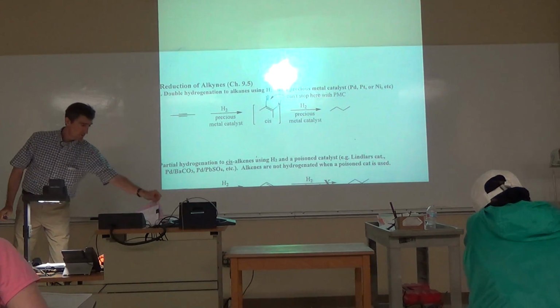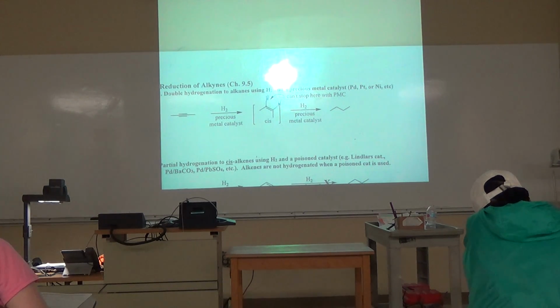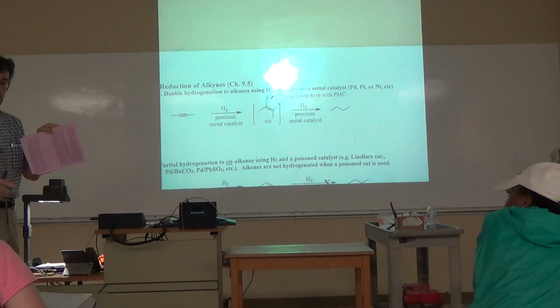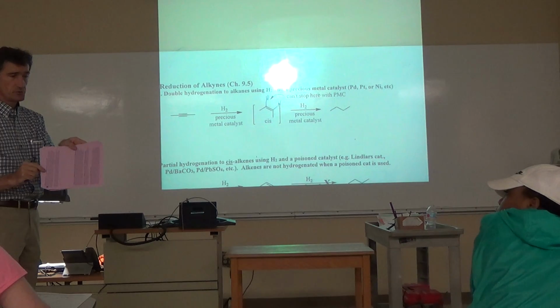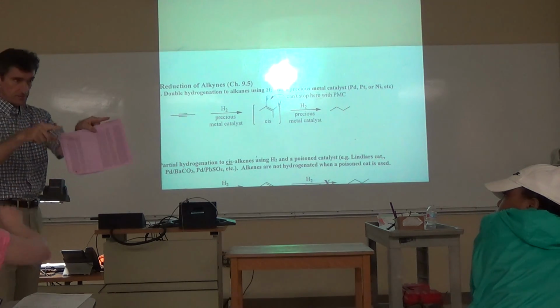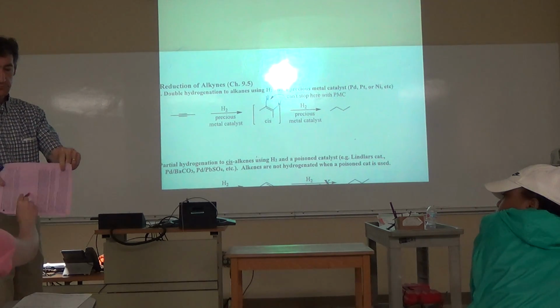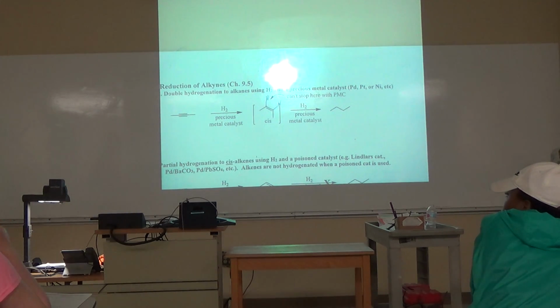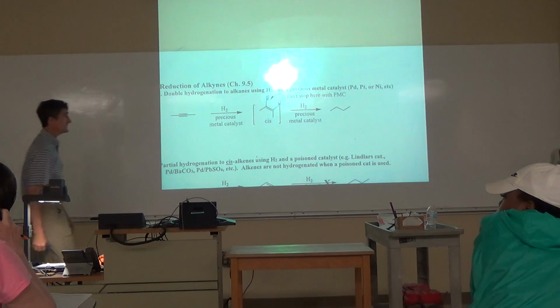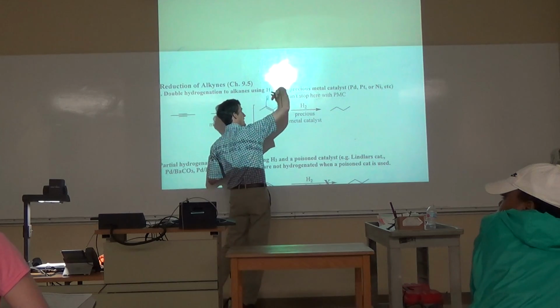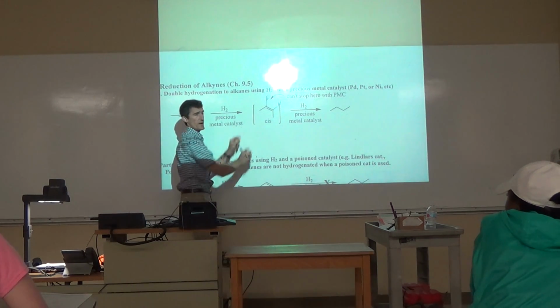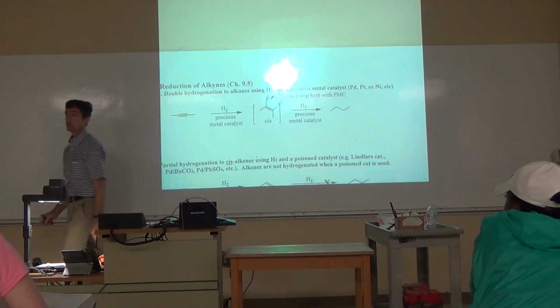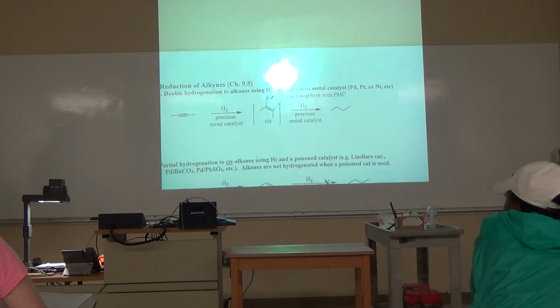Because the alkyne is planar, and it approaches the metal, and the two H's add on the same side. That's your fancy mechanism right there. It's not well known, but it is known to come from the same side. The two H's come from the metal. It's going to be cis. It's going to push these two methyls to the same side. And you end up with the cis alkene.